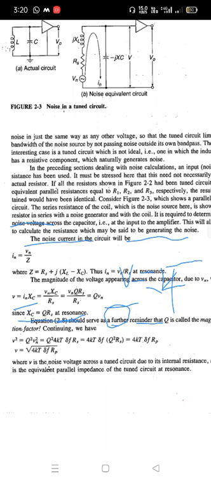That magnification factor depends on our values of R, L and C. So again, this is the noise in the tuned circuit, that is, the RLC circuit.